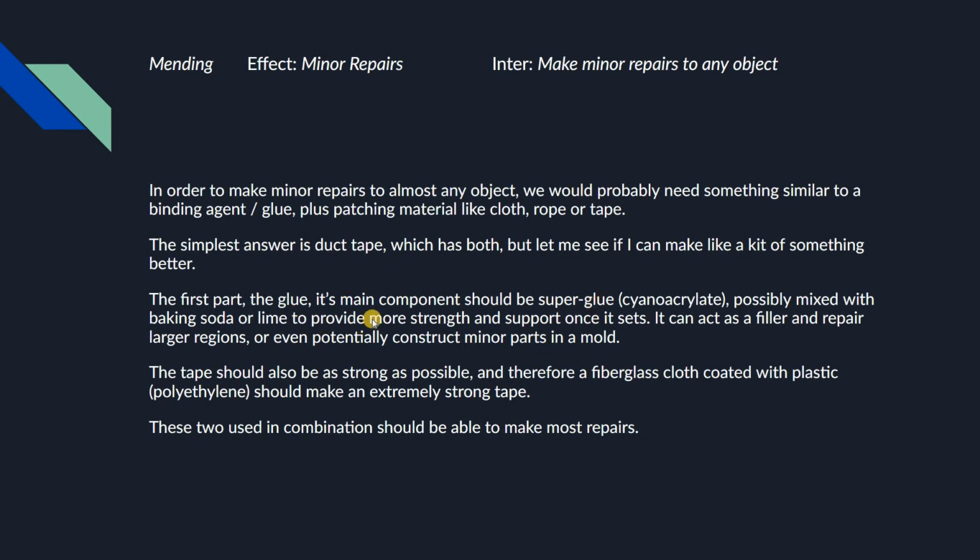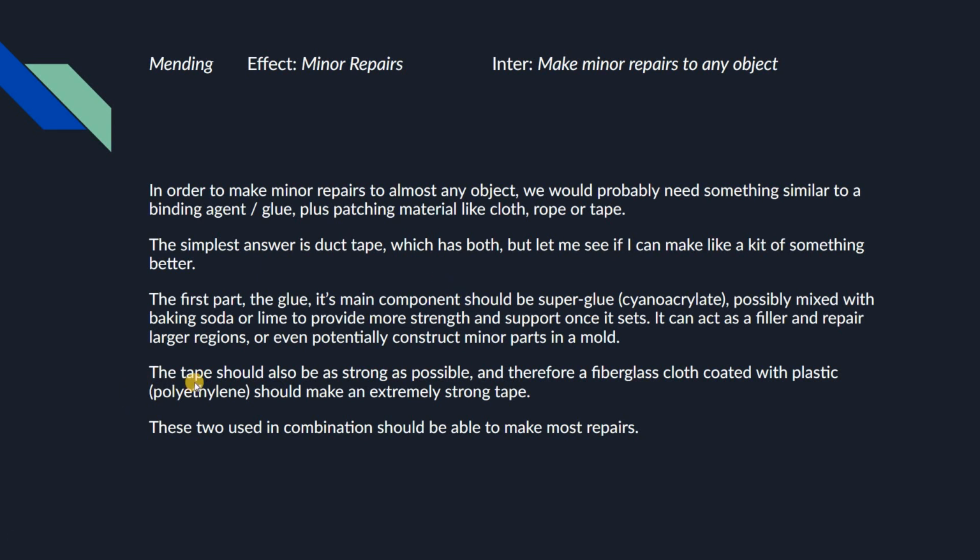So this will make it able to be used as a filler or repair larger regions, or potentially you could even make some type of mold and construct minor parts, because it's basically working as some type of cement at this point, fast cement.